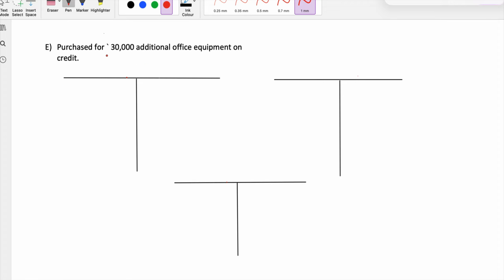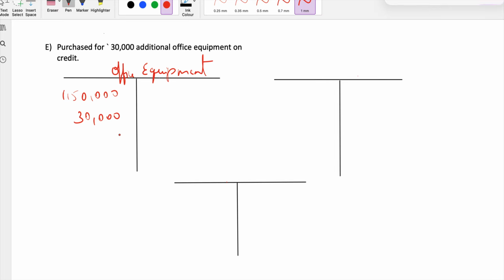E. Purchased 30,000 additional office equipments on credit. So it's a credit purchase of office equipments. Right? Yeah. Already 1,50,000 was bought in the form of capital. So to that 30,000 more is purchased. It's an asset.